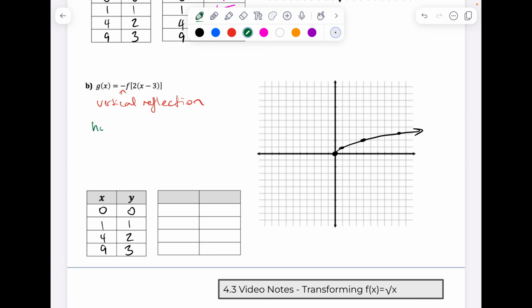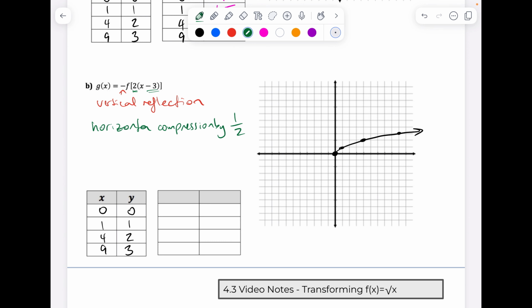And then horizontal. So because of that 2, the x's are being multiplied by 2. So that means it's a compression, because it's always backwards, by 1 over whatever that number is, so 1 over 2.